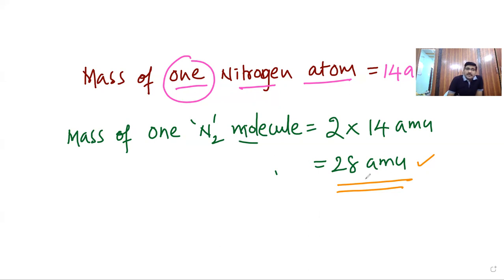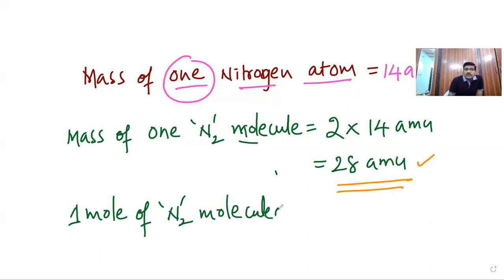Is it clear? So we want 1 mole. Mass of 1 mole of N2 molecules. 1 mole consists of how many quantities?